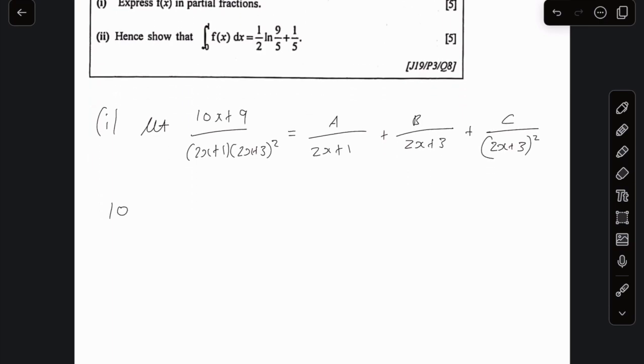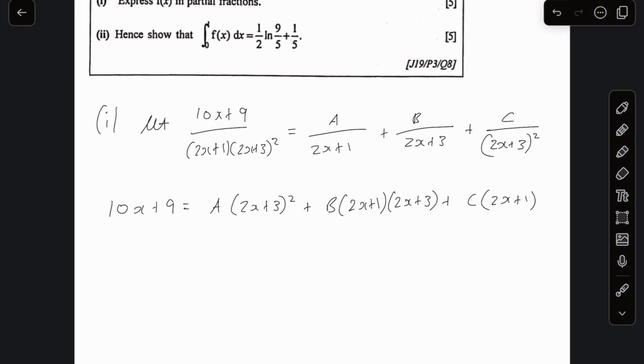I'm going to get 10x + 9 is equal to A(2x + 3) squared plus B(2x + 1)(2x + 3) plus C(2x + 1).